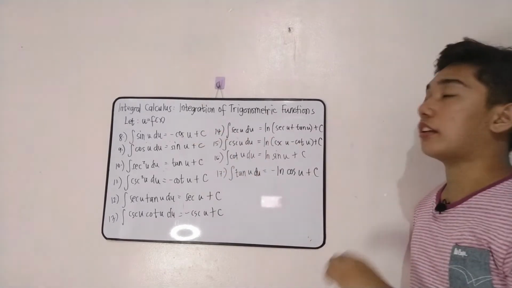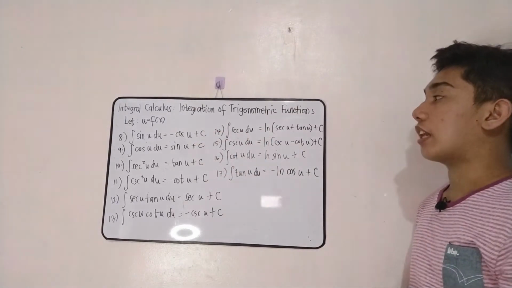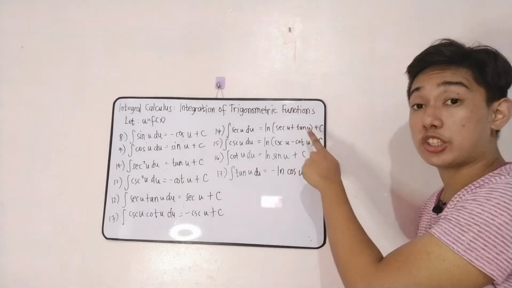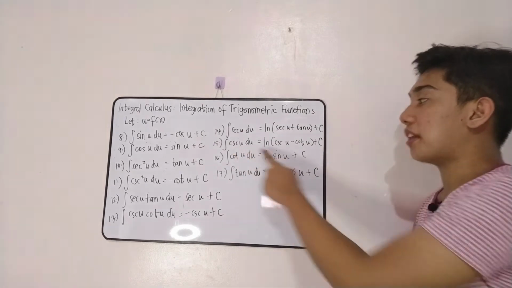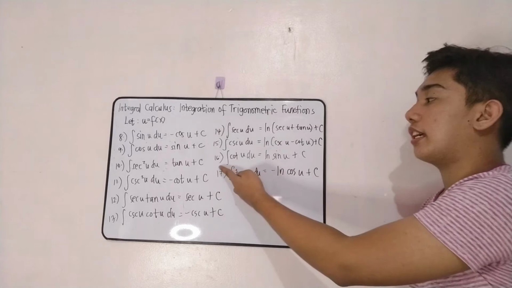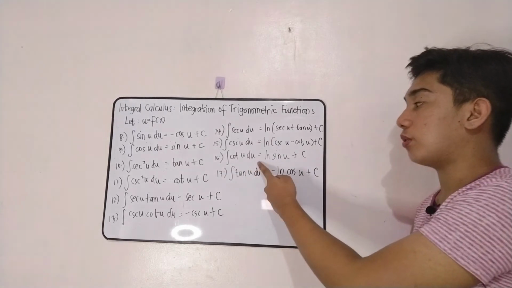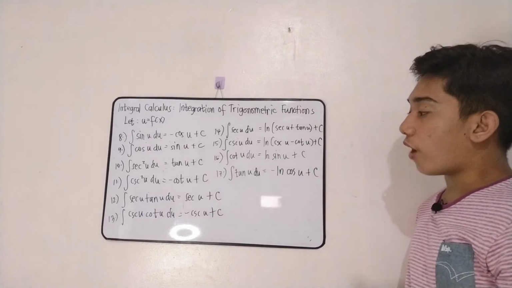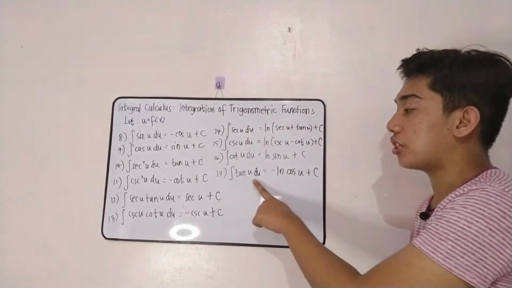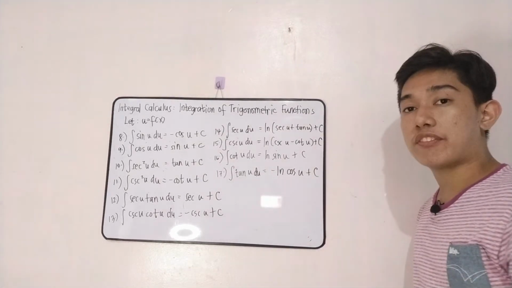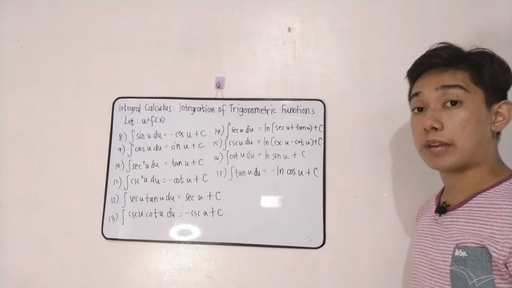So their respective integrals will be ln of secant u plus tangent u plus c. For this one, we have ln of cosecant u minus cotangent u plus c. And for this one, we have cotangent u du is equal to ln of sine u plus c. And for the last one, for tangent u du, our integral is negative ln of cosine u plus c.